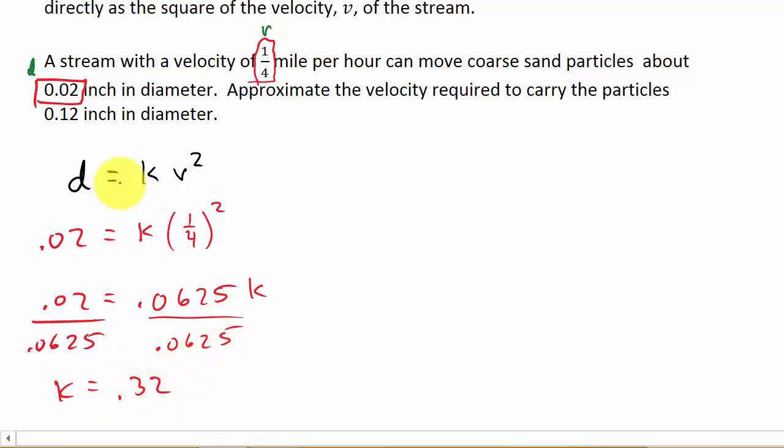So that gives me my equation: D is equal to 0.32 times V squared.